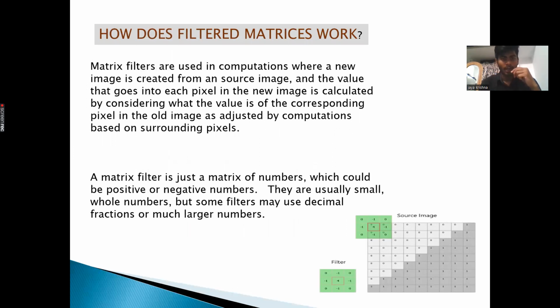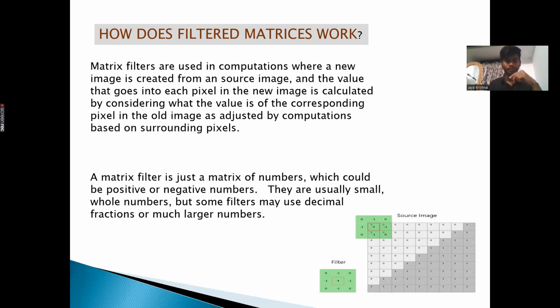Let me explain how filter matrices work. Filter matrices are used in computations where a new image is created from a source image.